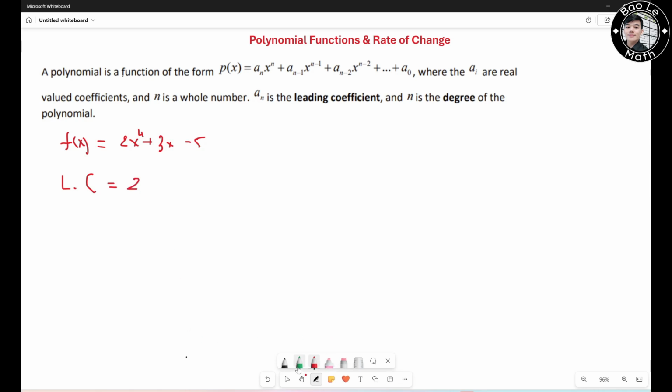The leading coefficient is the coefficient in front of the variable with the highest power. The degree of this polynomial function is 4.